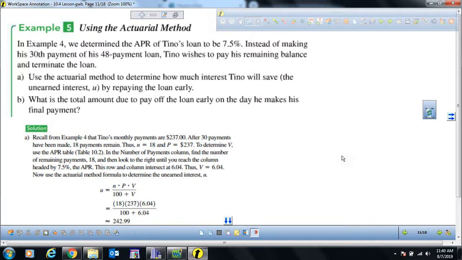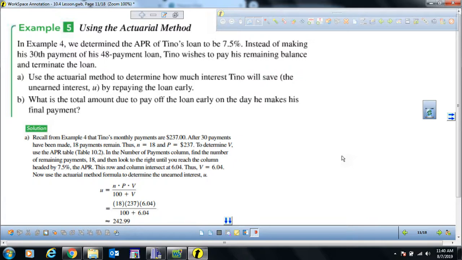Instead of making his 30th payment of his 48 payment loan, Tino wishes to pay his remaining balance and terminate the loan. So instead of him waiting until the 48th payment, when he's going to do his 30th payment, he wishes to just terminate the loan, like finish already. So he's going to pay earlier.